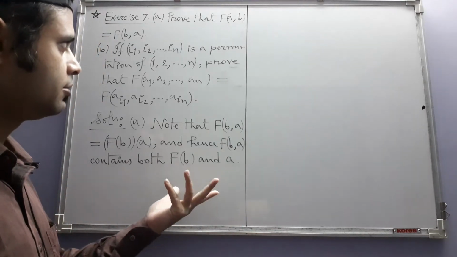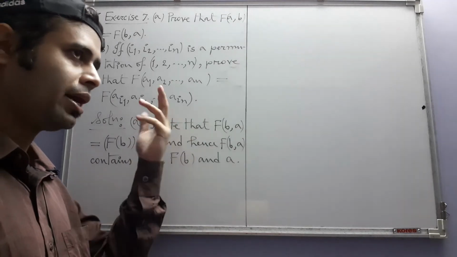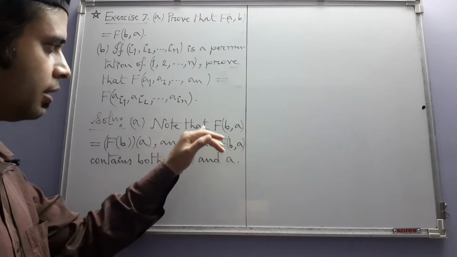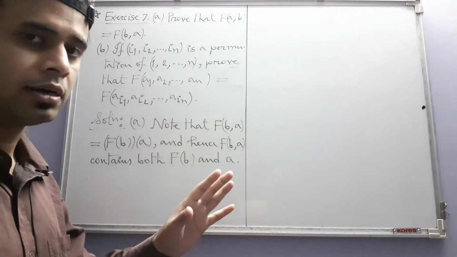For that, you need to remember that in the background there is a field K, of which F, B, A, all of these are parts.